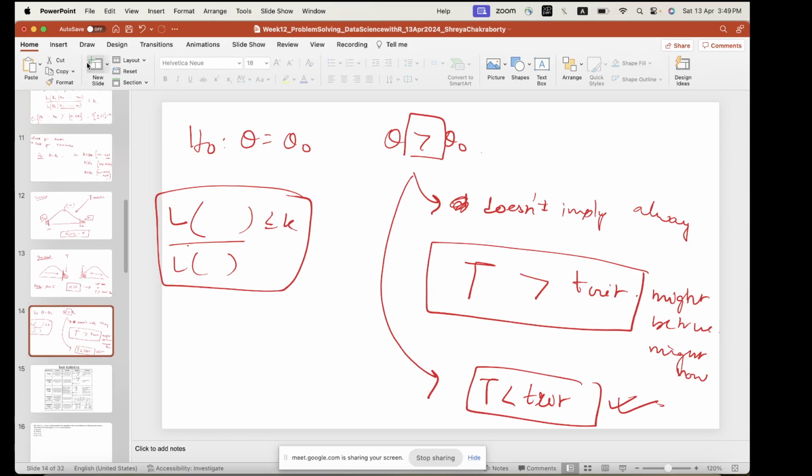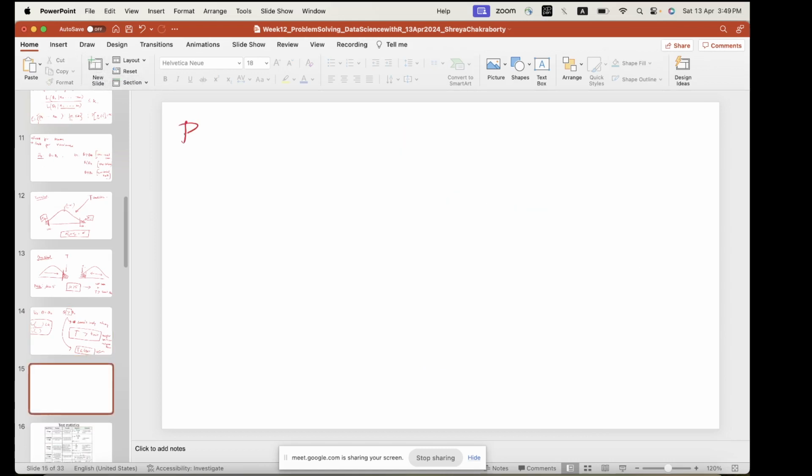Alright, so next, what do we learn? We learnt about how to test for significance, and then we learnt about the p-value. The p-value is the estimated probability of rejecting the null hypothesis.